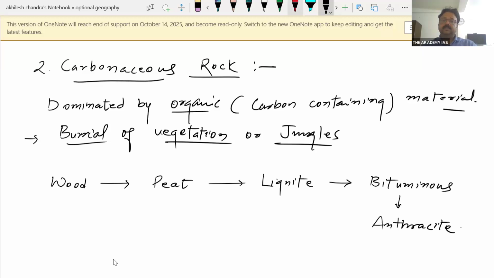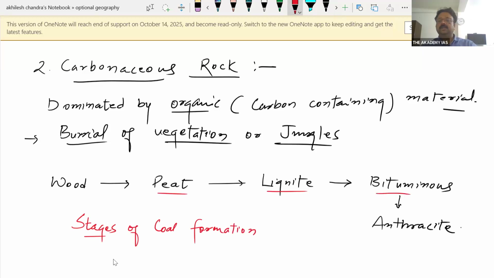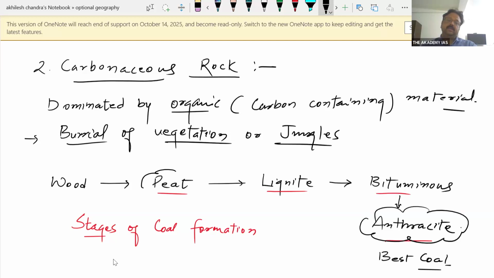So these are the stages of coal formation also. In each stage, carbon content is increasing. Hence anthracite is the best quality coal, while peat is the worst coal. In fact, peat is not considered as coal.